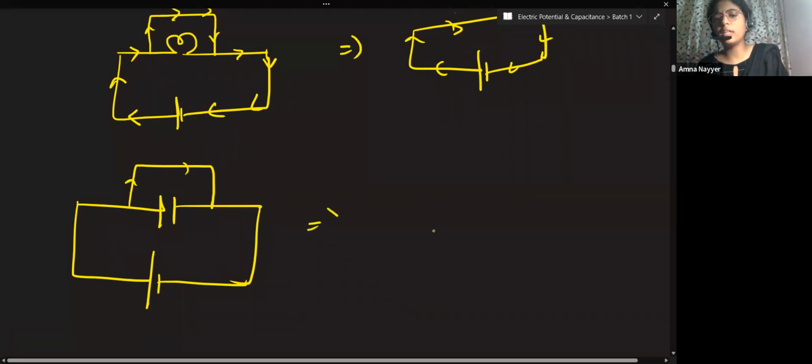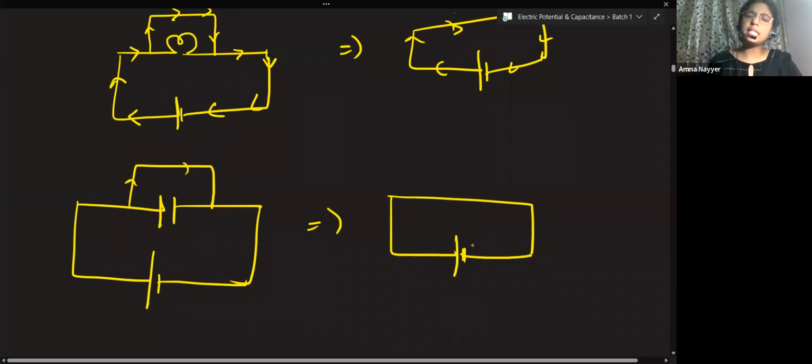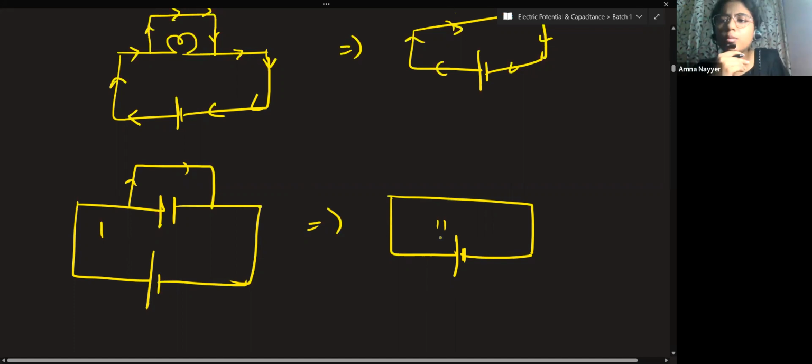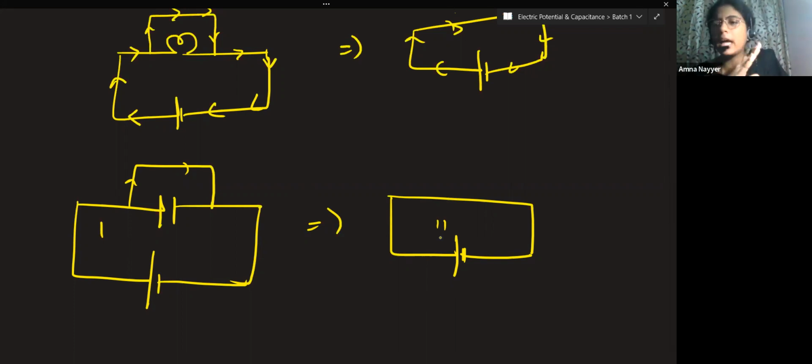Instead of drawing this circuit, I can write it in this manner also. Why? Because there is no work of the capacitor. This circuit 1 is equal to this circuit 2. In function, both of these circuits are equivalent to each other. Neither the first one is working, nor the second one is working. It means I can reduce it in the form of a single wire.